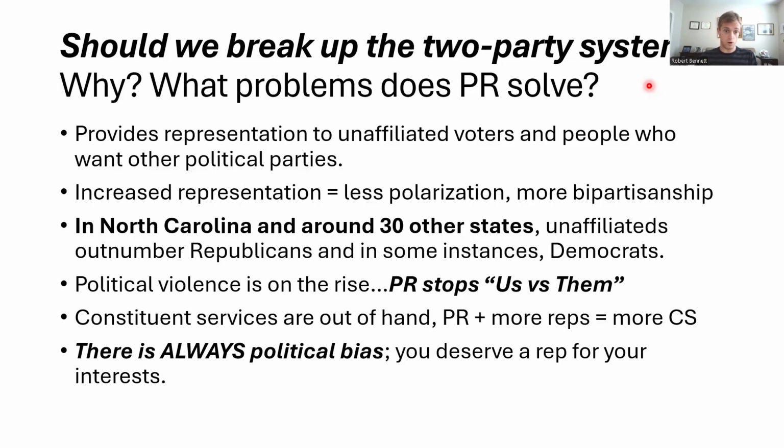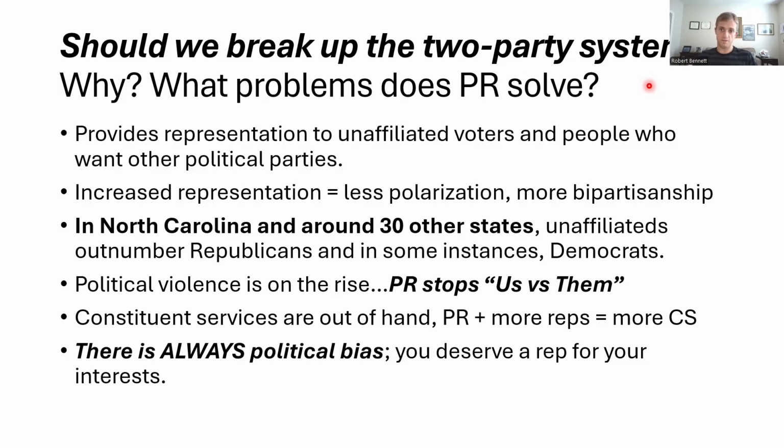A lot of people don't know that in North Carolina, unaffiliated voters now outrank Republican voters and are either nearly or slightly ahead of Democrats in our state. That is also the case in nearly 30 other states.